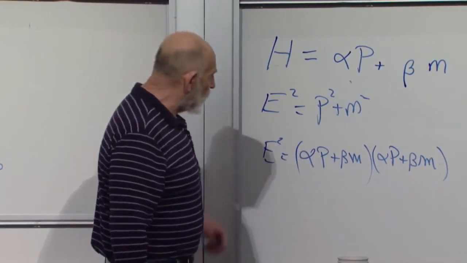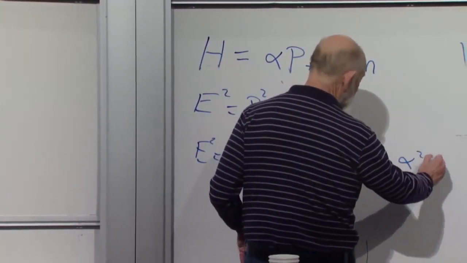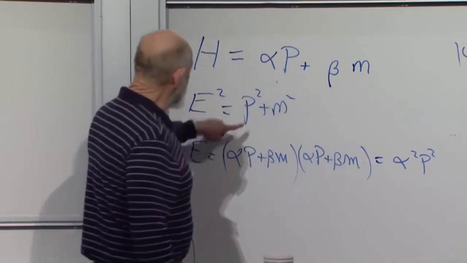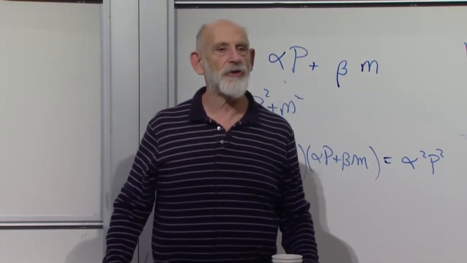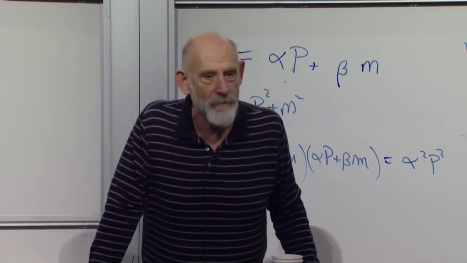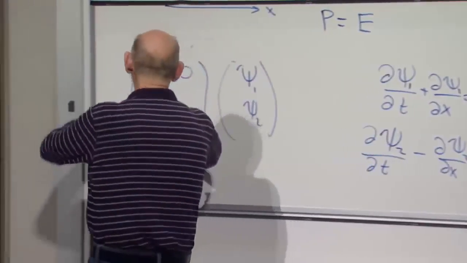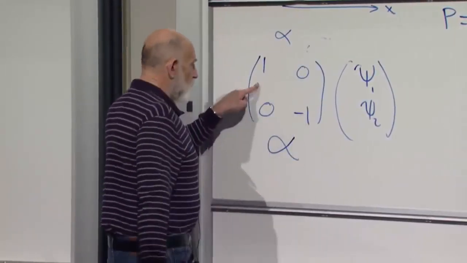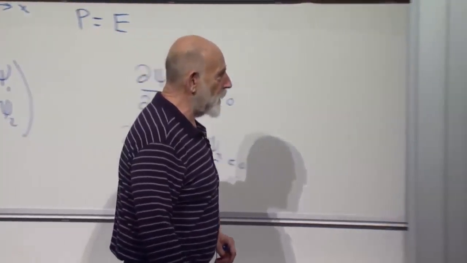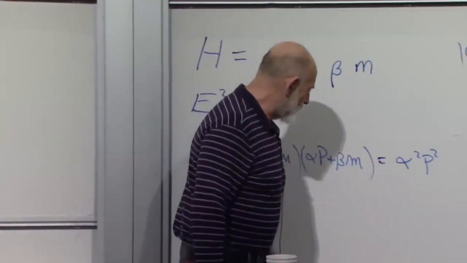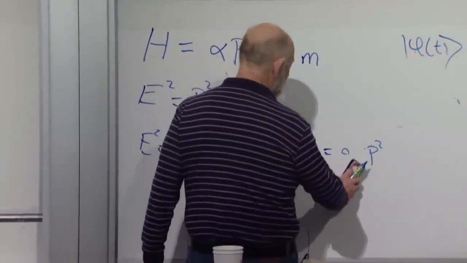Okay, the first term is alpha squared p squared. That looks good. We want to get p squared. We got alpha squared p squared. It's easy to deal with. Let's just insist that alpha squared be 1. But wait a minute. We already know what alpha is. Alpha is this matrix over here. Its square is 1. So we're in good shape with a p squared term. That's good. If we use the fact that we know what alpha is, then this is just p squared.